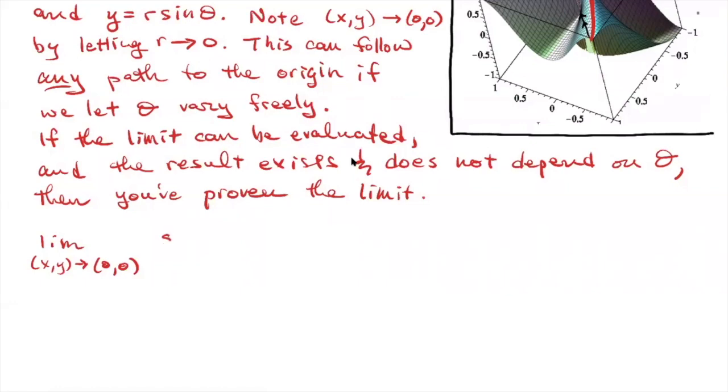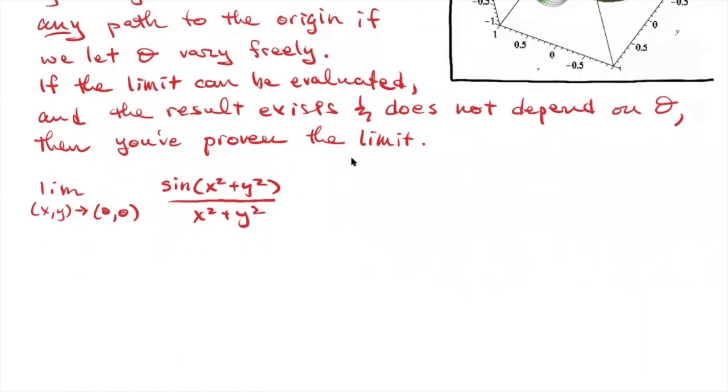Let's do the sine of x squared plus y squared over x squared plus y squared. And then the obvious substitution is x is r cos theta, and y is r sine theta. Any questions about that?